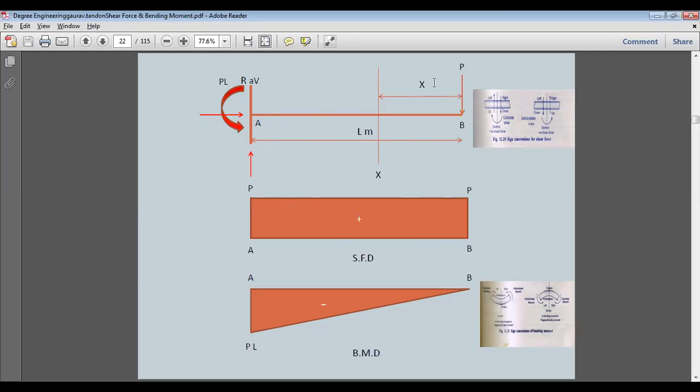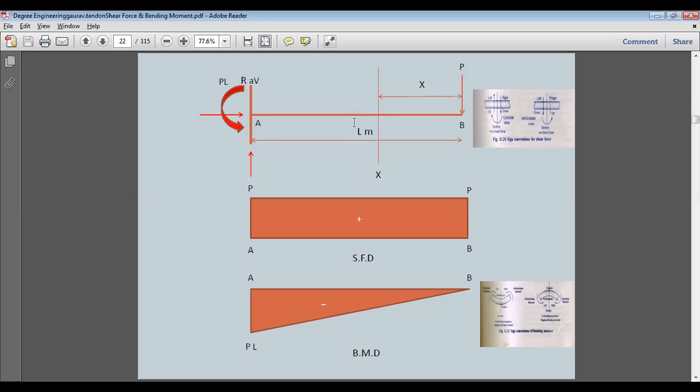So from this point to this point, we have only one force, equivalent to P. So we'll draw a line equivalent to P. If P is 10 Newton, we'll assume 10 Newton is equal to 10 millimeter. We'll draw a line of 10 millimeter, and this is the length of the beam, called the length of span, that is the clear length between two supports.